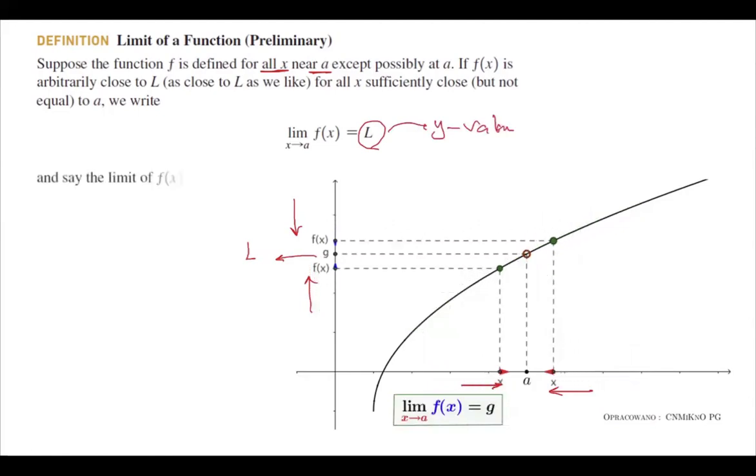So when we introduce the topic of sequences, we are interested in analyzing the behavior of a sequence. Is a sequence convergent, divergent? What is the limit of that sequence?